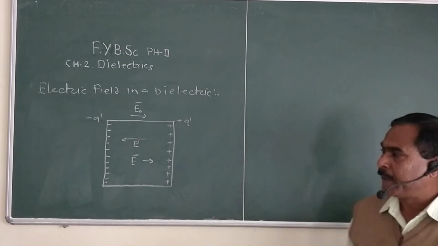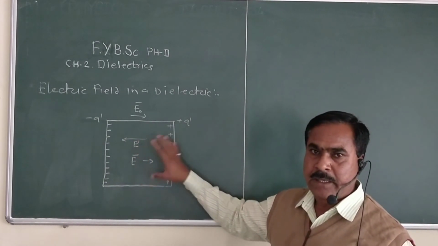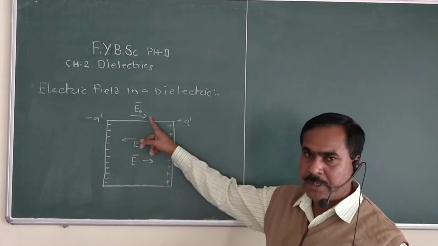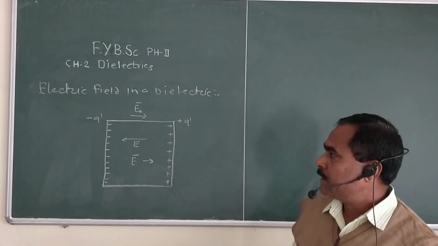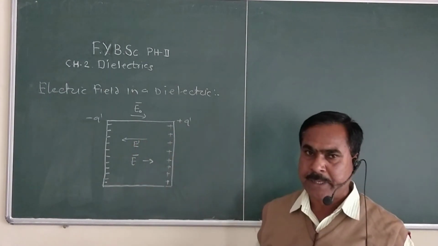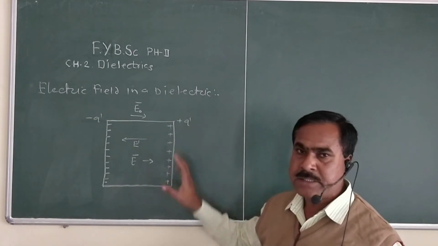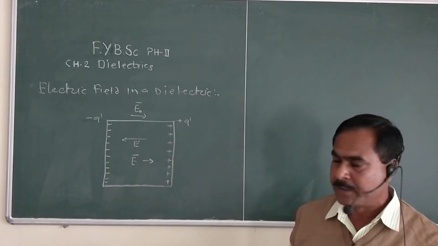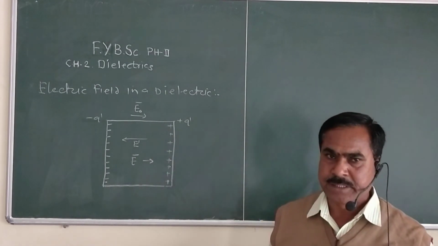So what happens when a dielectric material is placed in an external electric field? Due to the force of this electric field, the charges are induced on opposite surfaces of the dielectric material. So minus Q dash and plus Q dash are the charges induced on the opposite surfaces. These induced charges are also called bound charges.